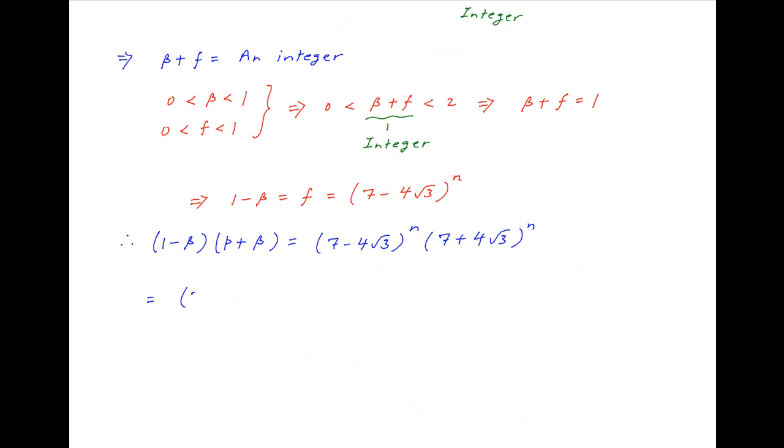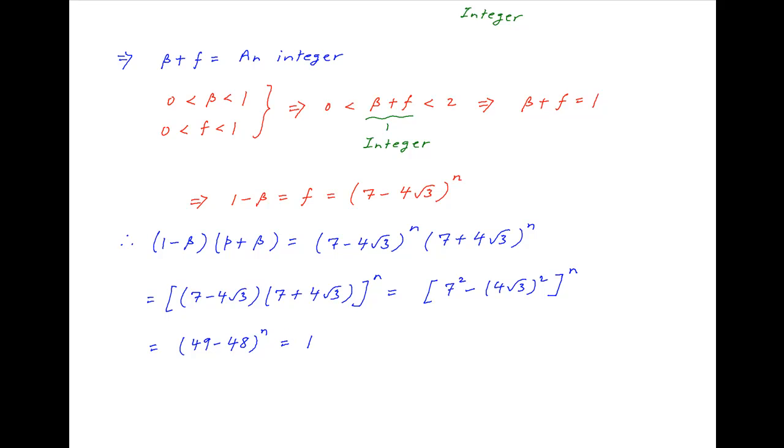And this is equal to (7 − 4√3)^n times (7 + 4√3)^n, which is equal to (7² − (4√3)²)^n, which is equal to (49 − 48)^n, which is equal to 1. Therefore, (1 − β)(p + β) equals 1, which is the required result.